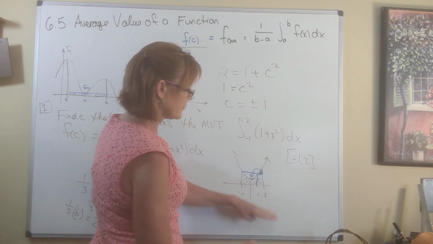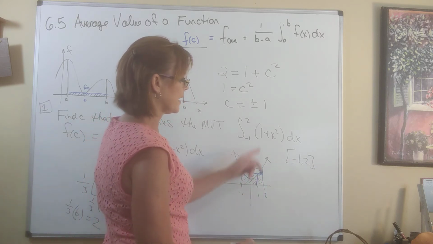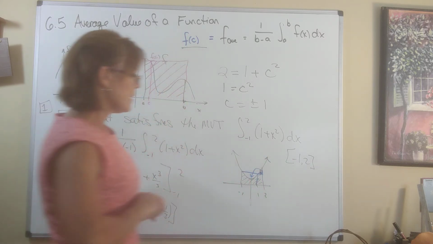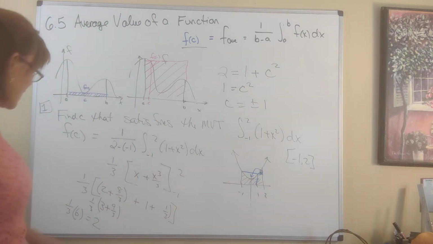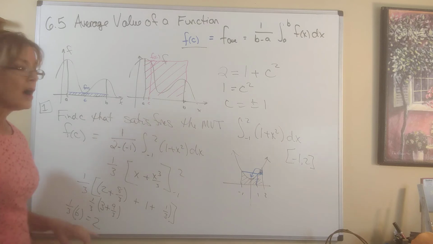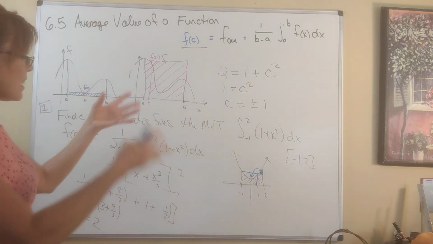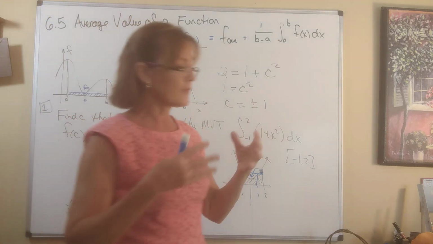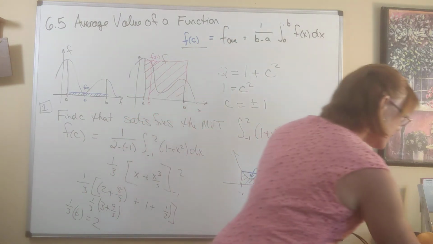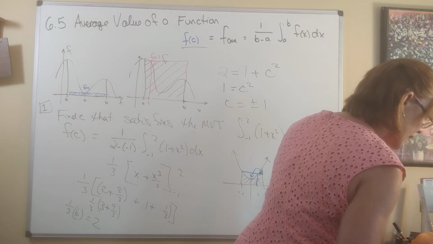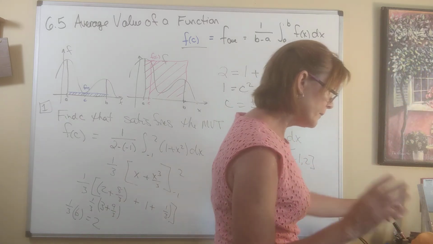And the area under this rectangle is equivalent to the area under the curve. And what is the average height of this? The average height of this is 2. All right, so that's the mean value theorem and how to find the average value of a function. This is how it goes. Let's try one more example, and then we'll have a few more.